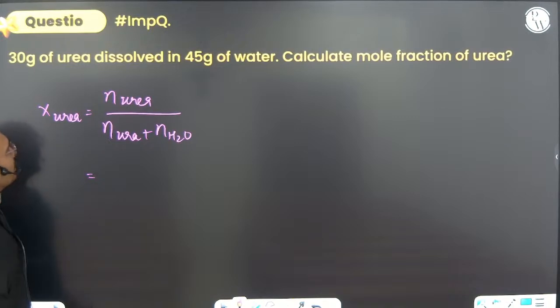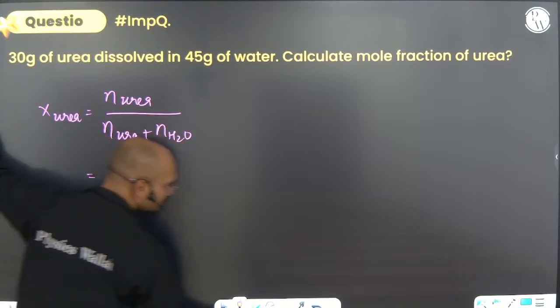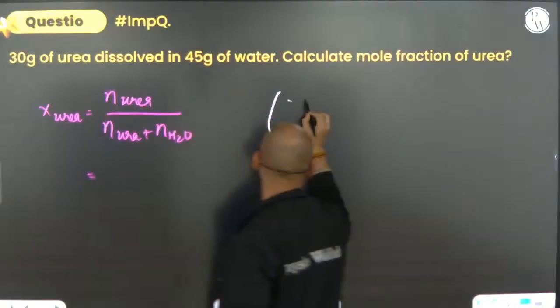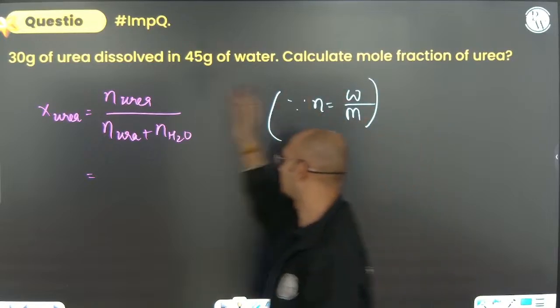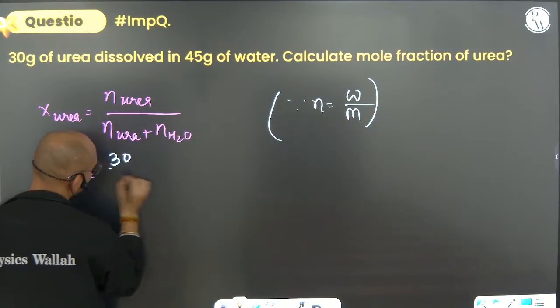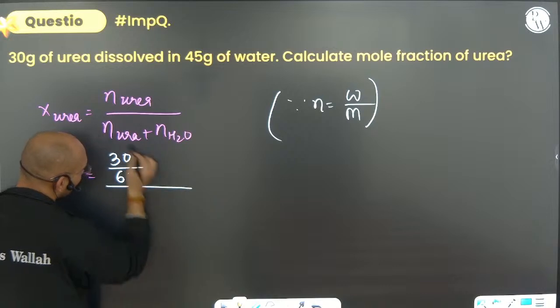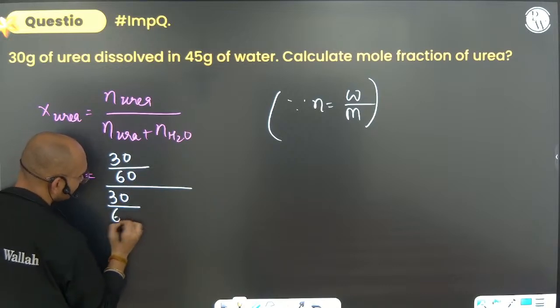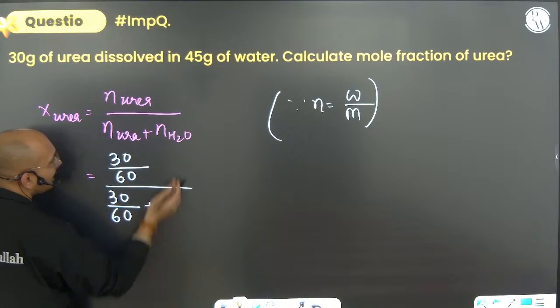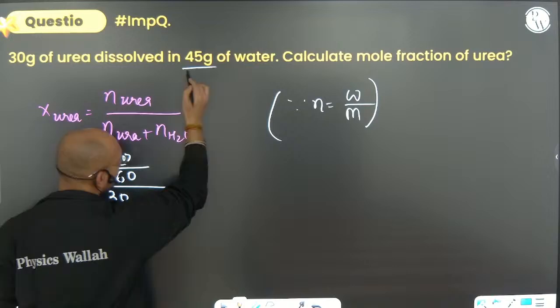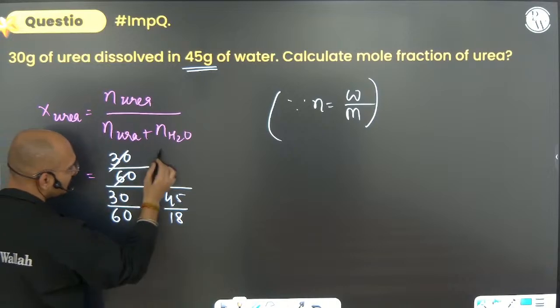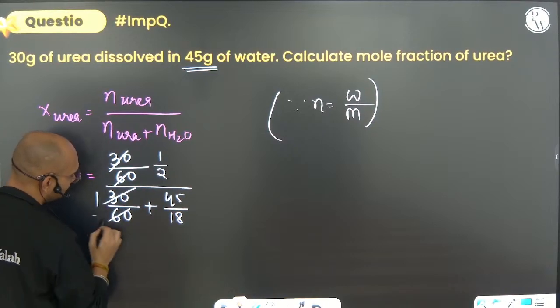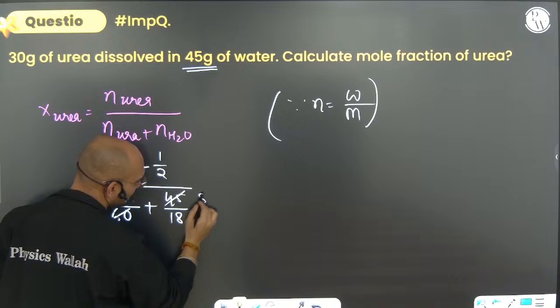Okay, let's find out how much of the urea is there for 30 gram. Can we not find this? Yes, we can, because number of moles equals given mass by molar mass. Given mass is 30, molar mass is 60. So 30 by 60 plus the moles of water, given mass 45 by molar mass 18. That is half, half. 9 5s are 45, 9 2s are 18.